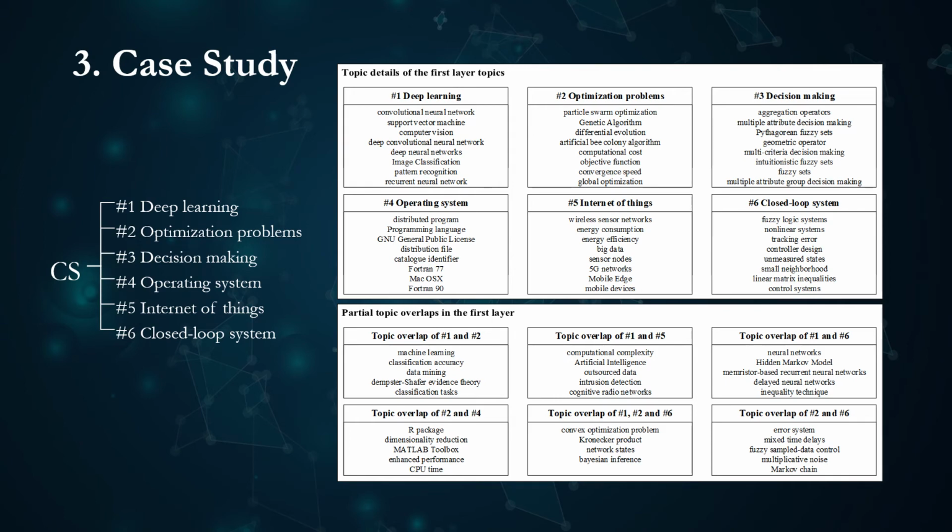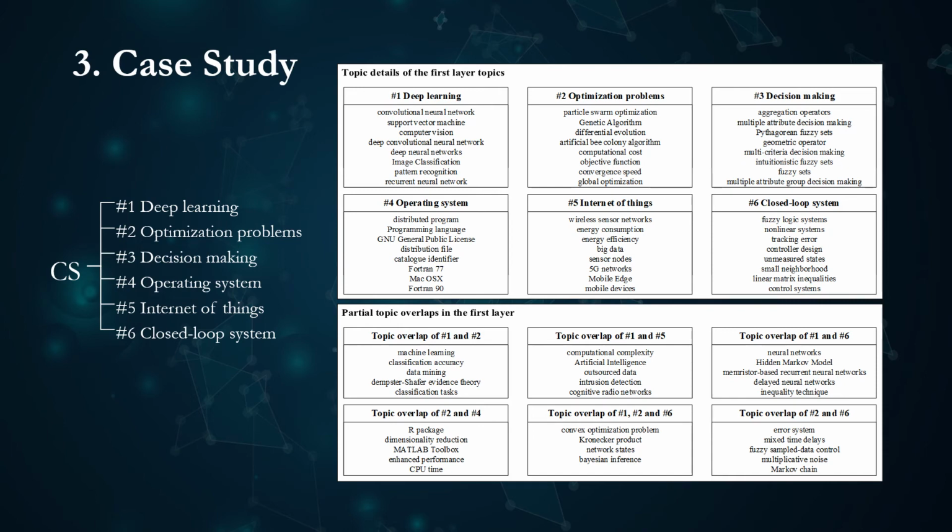If we have a closer look at the first layer topics and the topic details, we will find that the first layer topics mostly correspond to the VOSviewer results. And also, the term details within each topic are consistent. Then the topic overlaps also make sense.